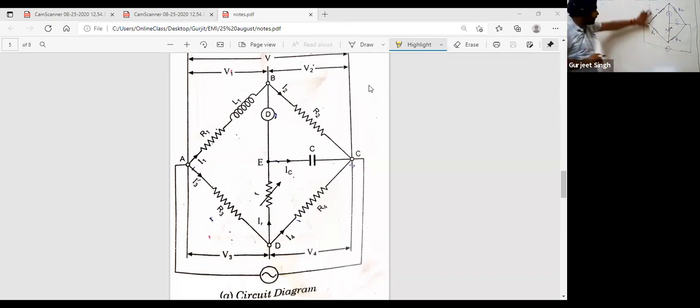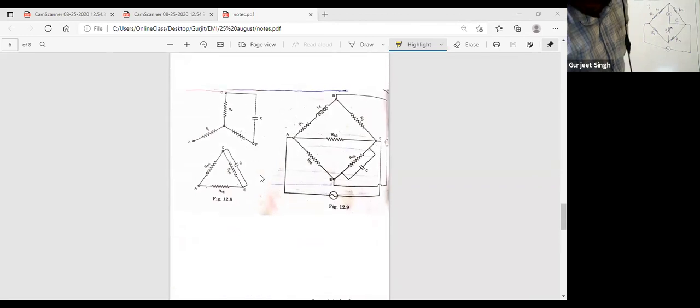So I am converting this diagram into the simplified diagram, that is like a Maxwell capacitance bridge diagram. So what is the Maxwell capacitance bridge diagram? Here we have a resistance part. So I am converting it into the simplified diagram.